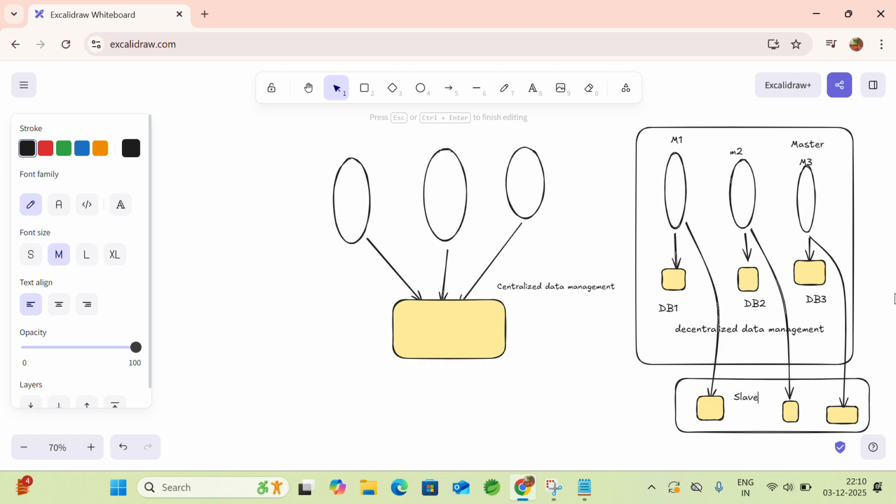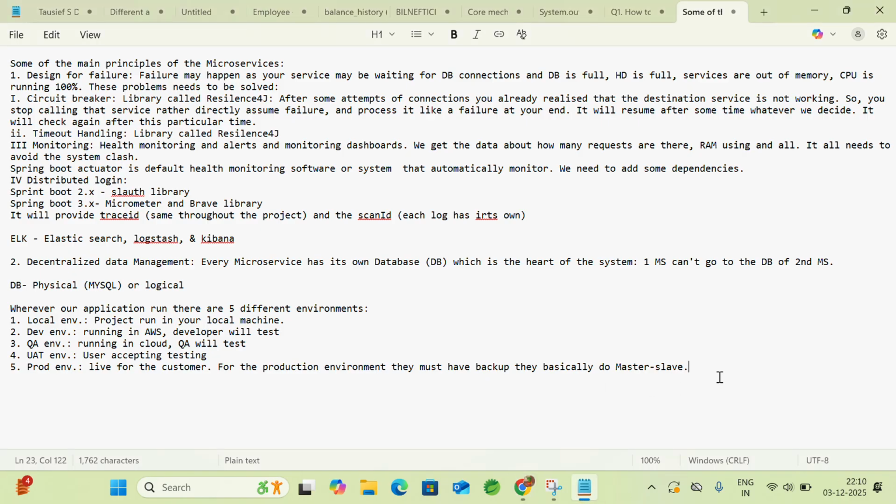So for that purpose, we can say right over here, whenever the primary setup, or we can say master, goes wrong or is down, then the secondary, or we can say slave, becomes primary.